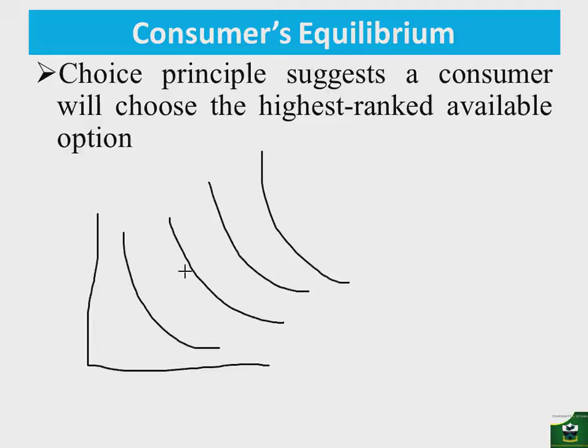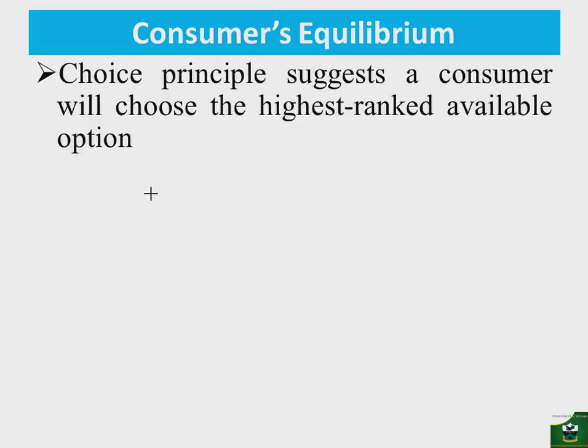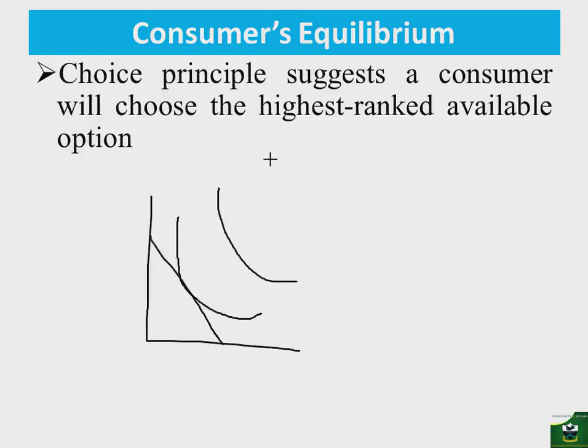It should be noted that if the budget of the consumer limits him or her to only indifference curve 1, it means that for this consumer, utility is maximized at indifference curve 1 given the income. The consumer will not be able to reach higher levels of utility because the given income has limited the consumer to indifference curve 1.